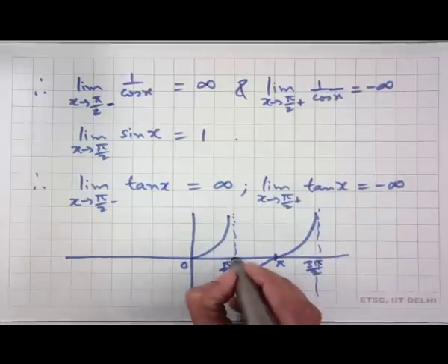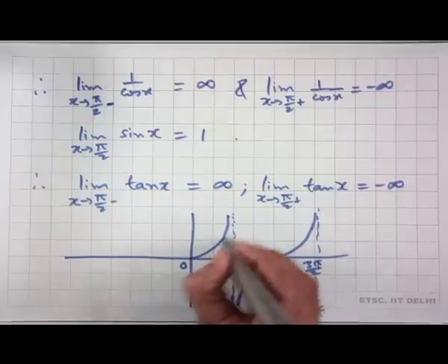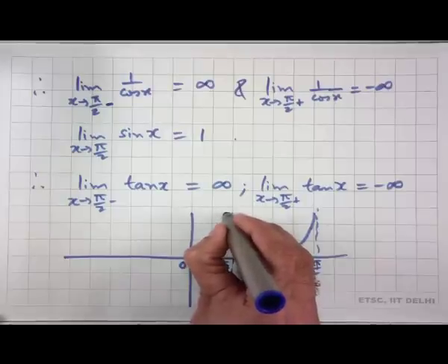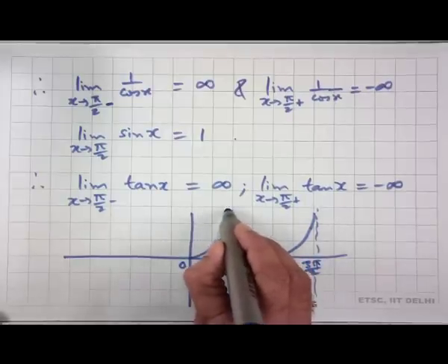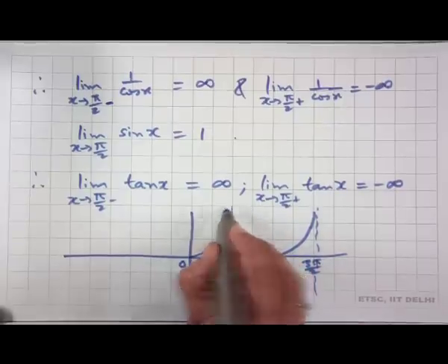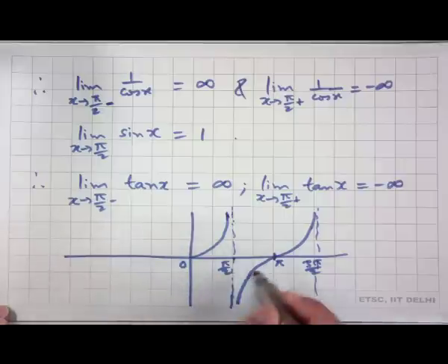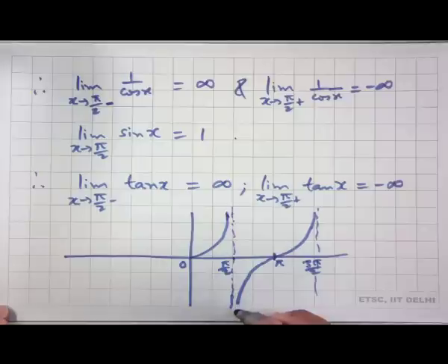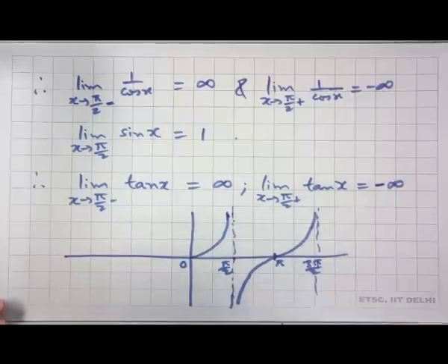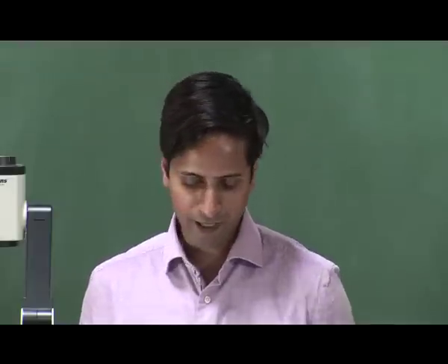So, if you approach pi by 2 from the left, then tan of x becomes a larger and larger positive real number. So, tan x goes to infinity as x goes to pi by 2 from the left, whereas if you approach pi by 2 from the right, then tan of x becomes a larger and larger negative number. So, the right hand limit of tan x at pi by 2 is equal to negative infinity. Similarly, you can write for cot of x, secant x, and cosecant x.